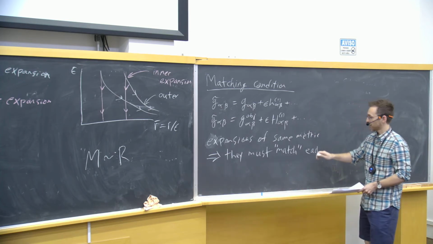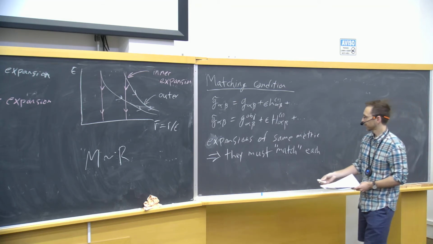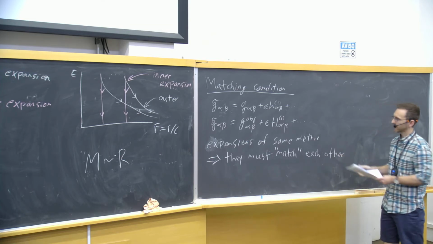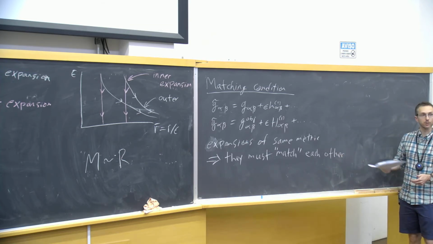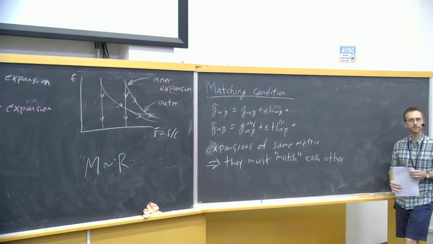Now, I don't have time to actually tell you the mathematical meaning of the statement, but this is the key physical idea that I will then explore in tomorrow's lecture. Right? Thanks.